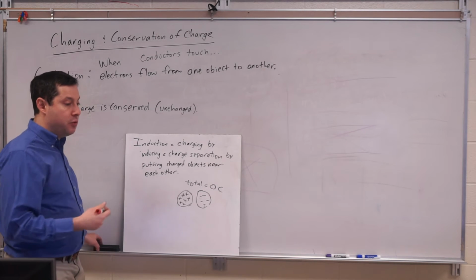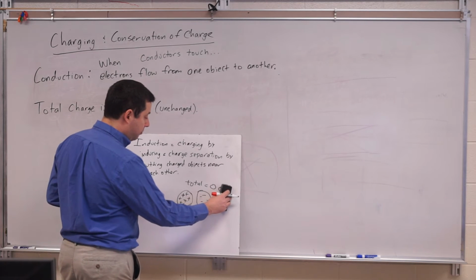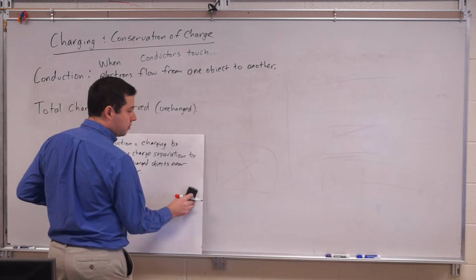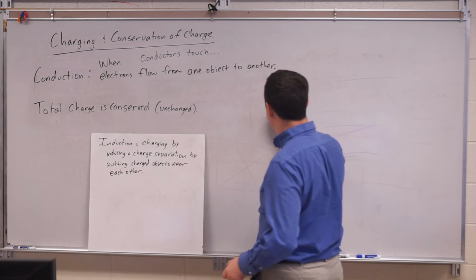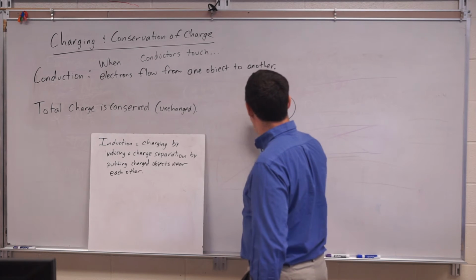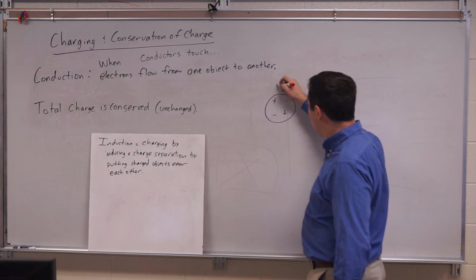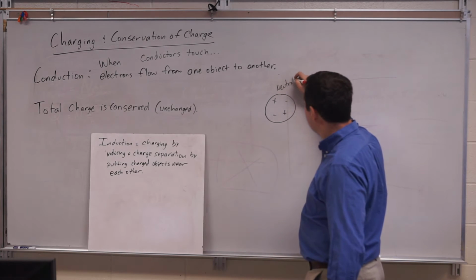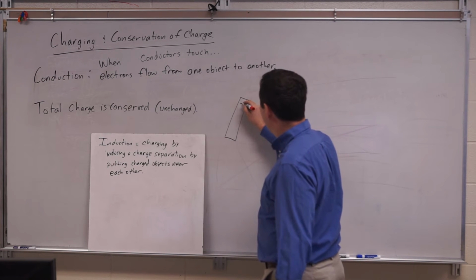And you see this in a few different forms. Imagine instead you had an object like this that could be neutral. And you brought a negatively charged object near it, or a positively charged one.